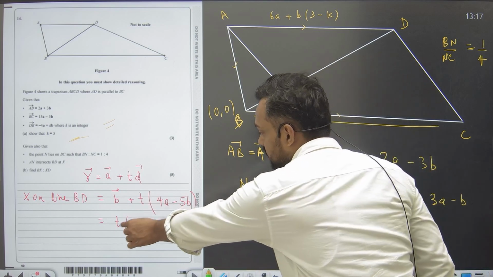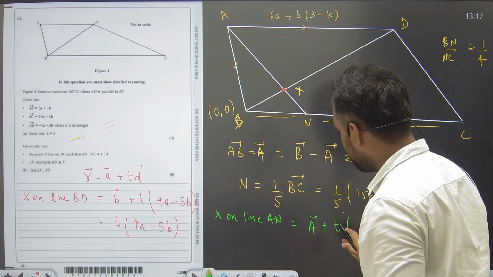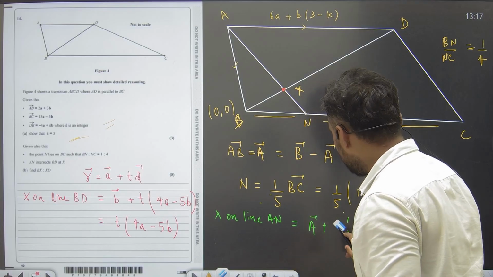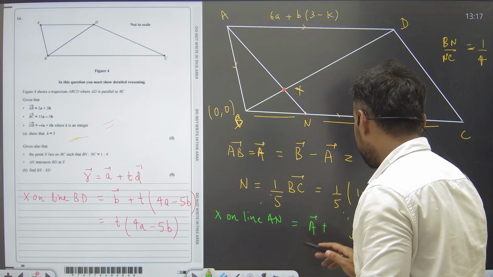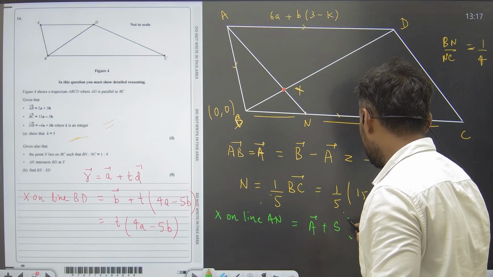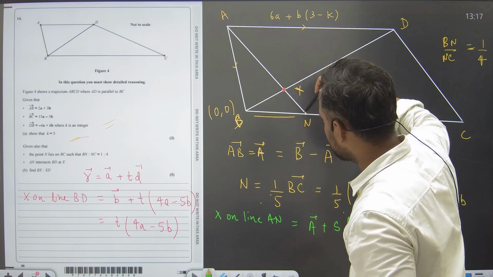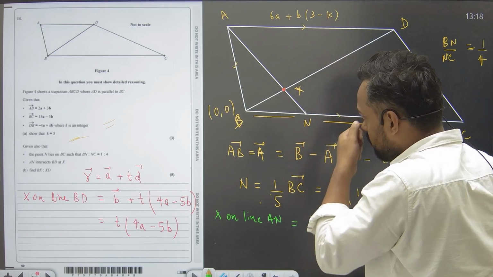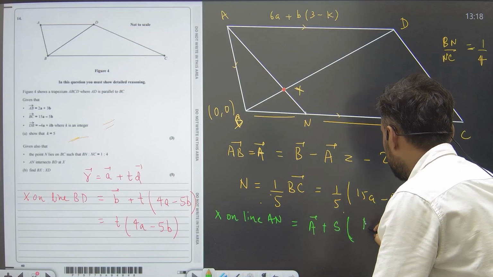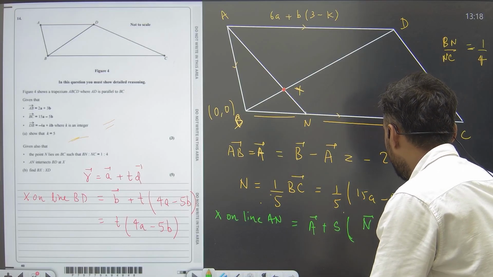Now this t and this t must not be common, so we are replacing it with another term here, students. Let's suppose s. d was the direction, so the direction will be given by n vector minus a vector.